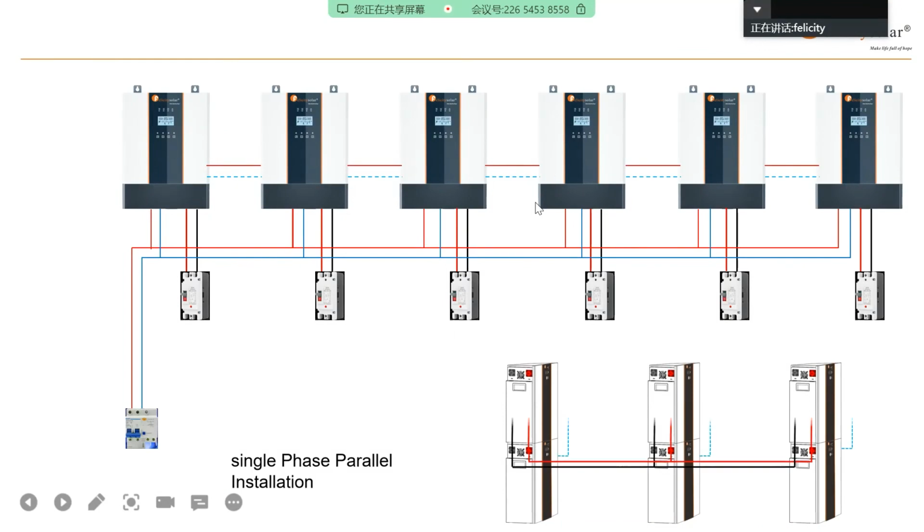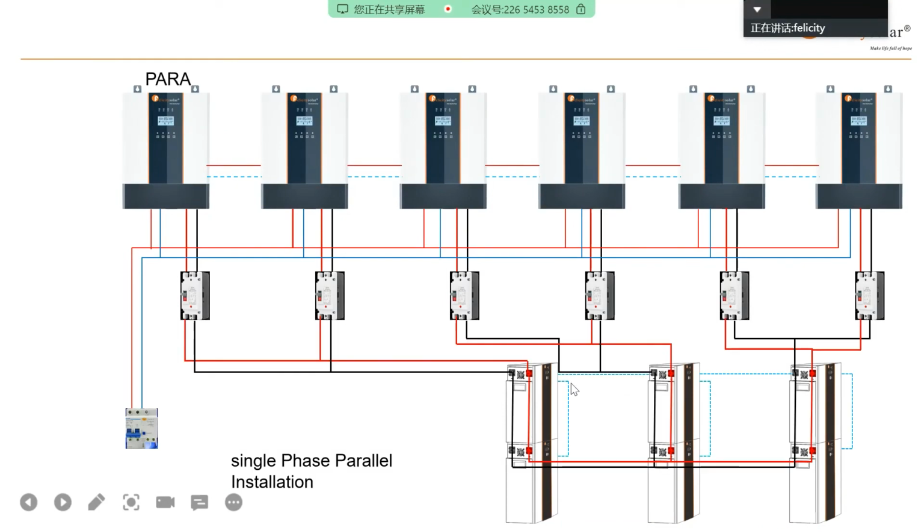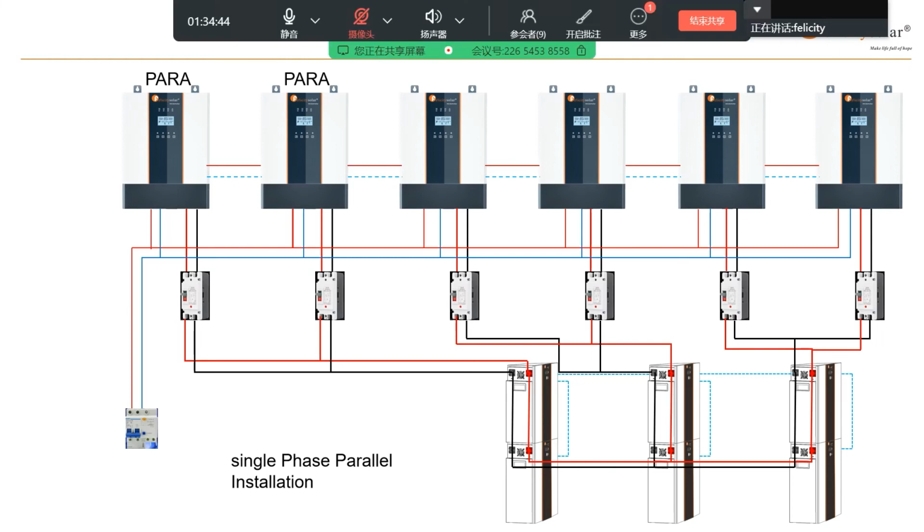Okay, then the battery connection, the battery part is the same. Battery positive, negative, and the communication cable must all be combined. And then set PARA, meaning single phase, in program 28, same as before.